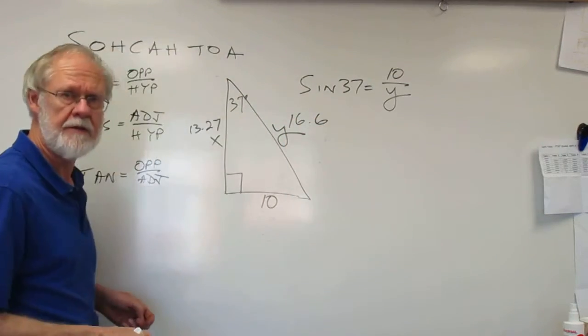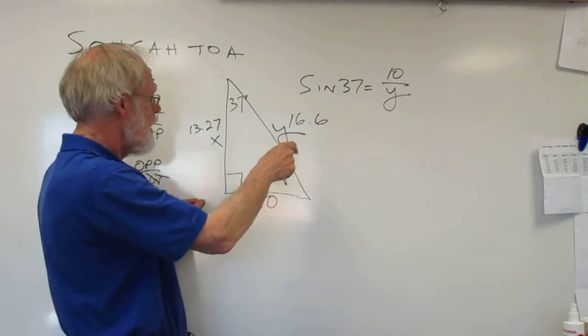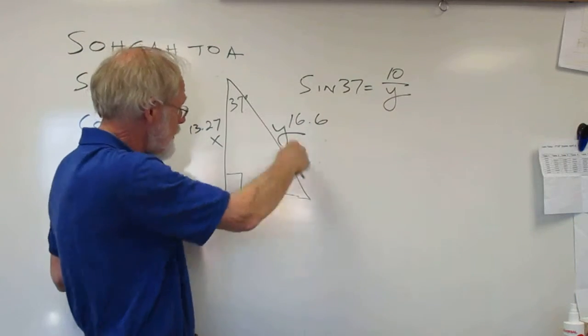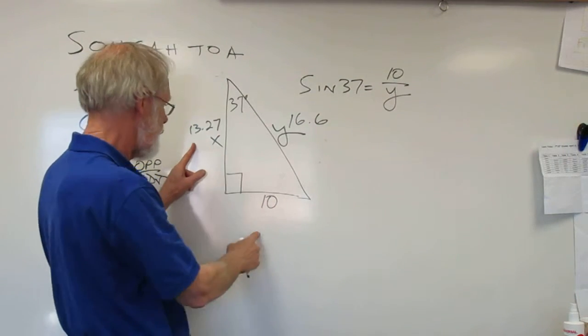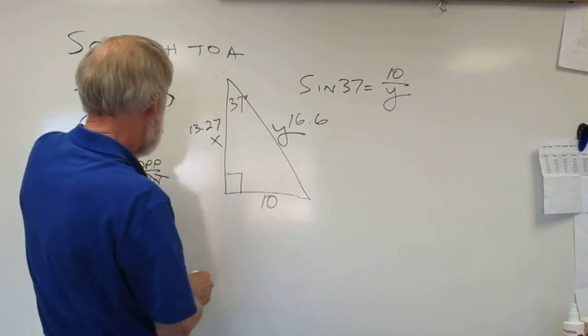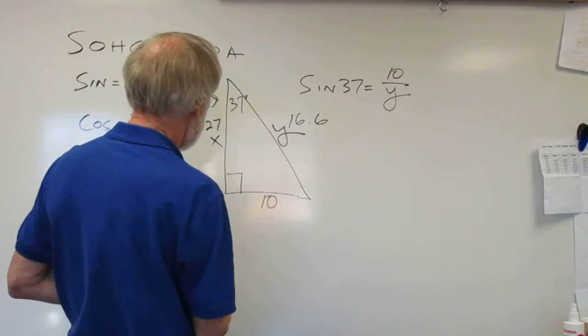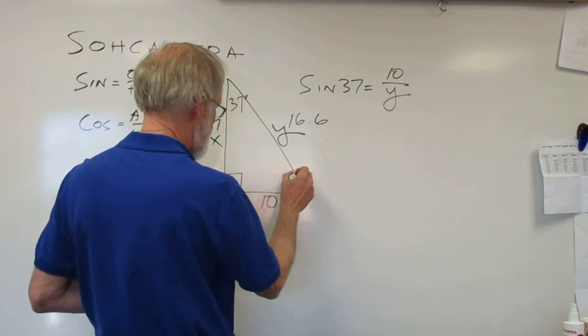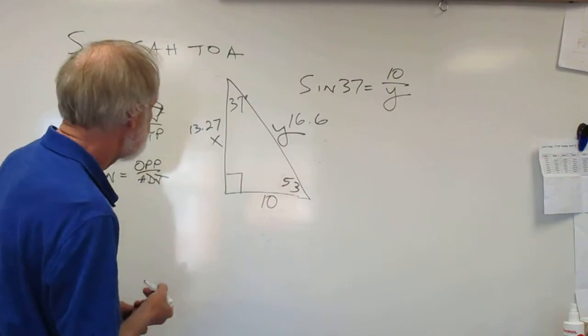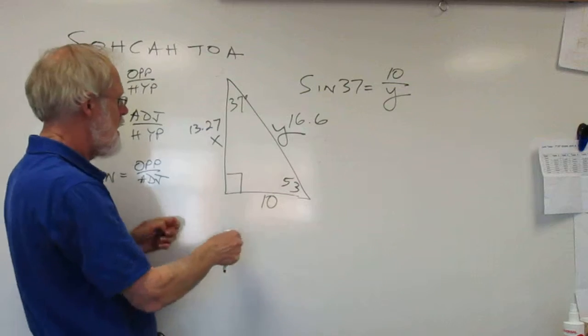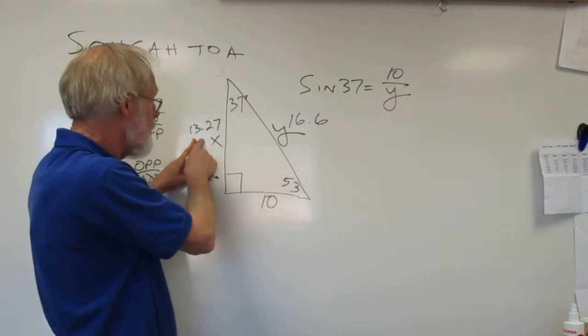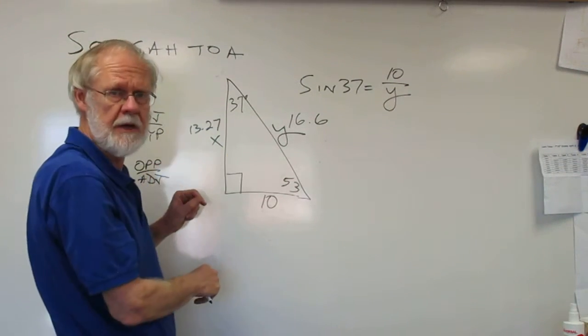Now, a couple of things. This makes sense because I know that the hypotenuse has to be the longest side, and it is in fact bigger than either of these two. And I also know that if this is a 37, this has to be a 53 in order to make 90 for these two. And this side is bigger than this side because it's opposite the bigger angle.